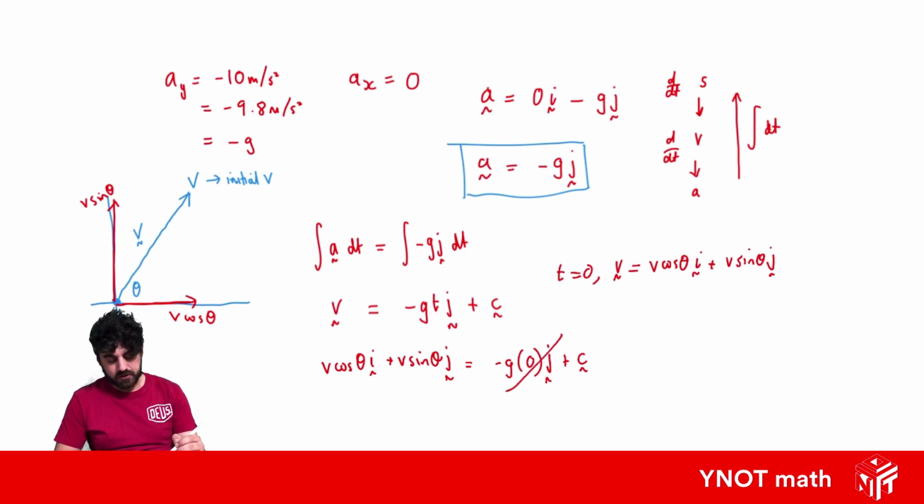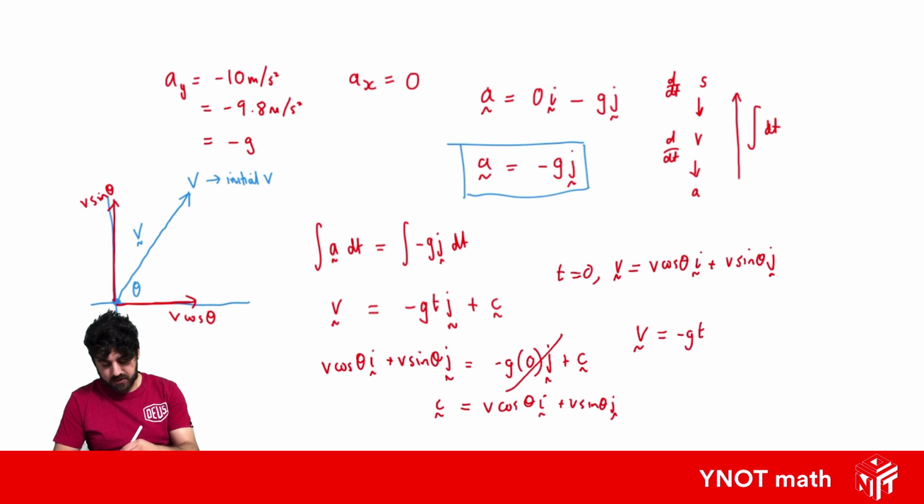This term is gone because 0 multiplied by everything is 0, which means our constant vector is v cos theta i plus v sine theta j, which means our final velocity vector is minus gt j plus v cos theta i plus v sine theta j.